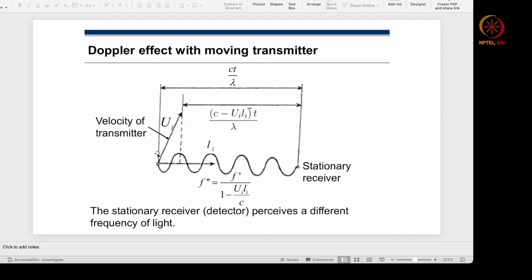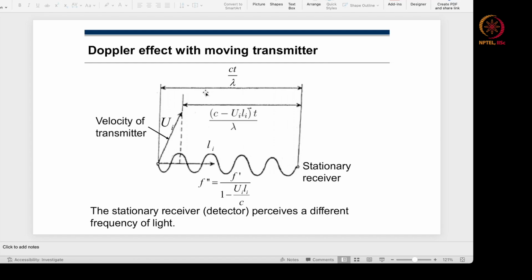Now, if we have a moving transmitter and a stationary receiver, say for example, you are maintaining your location fixed, and you have a transmitter which is moving at a certain velocity. Once again, this is a velocity u_i, and it is giving out a wave in the l_i direction. This is again the unit vector, and you are that stationary receiver who is receiving it.